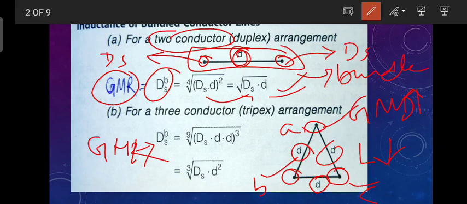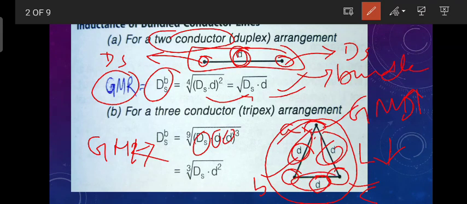GMR, DSB, the geometric mean radius of this bundle conductor of 3 phases, is equal to the ninth root of Ds, the geometric mean radius of each subconductor, and d, the distance between the conductors, all to the power of 9. By simplifying this, we get the cube root of Ds into d squared.